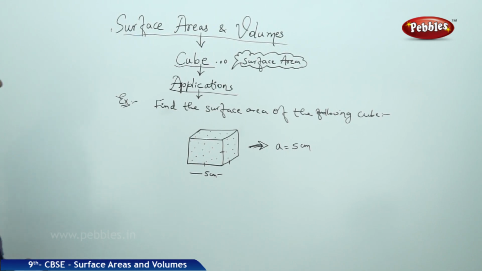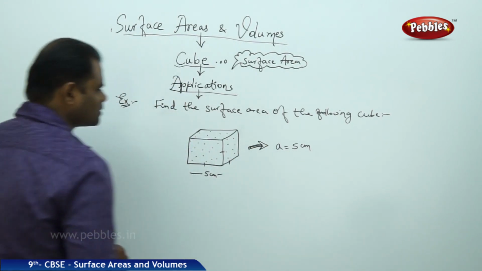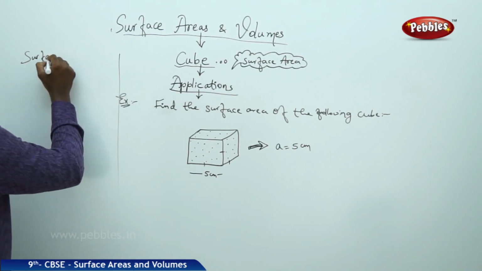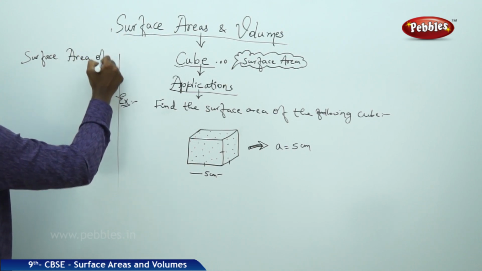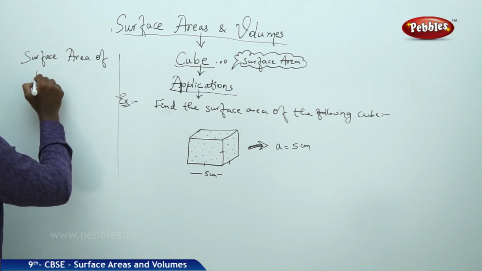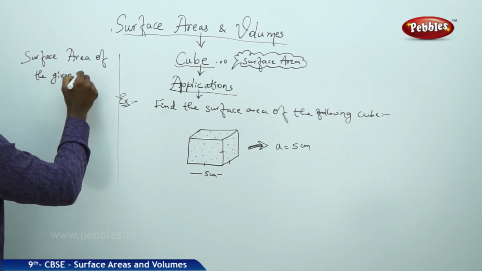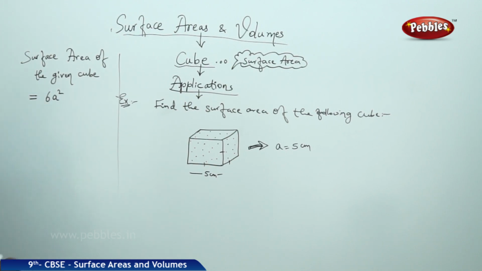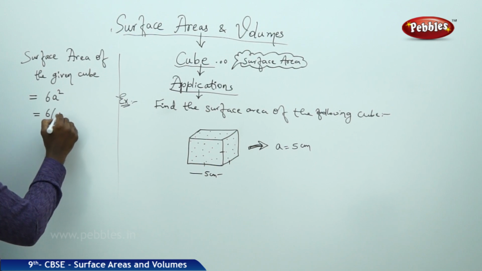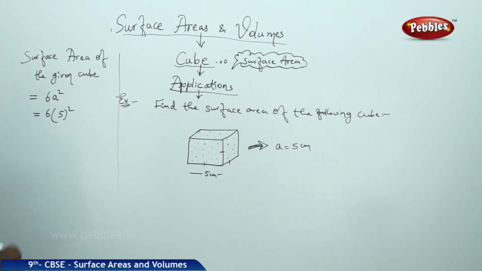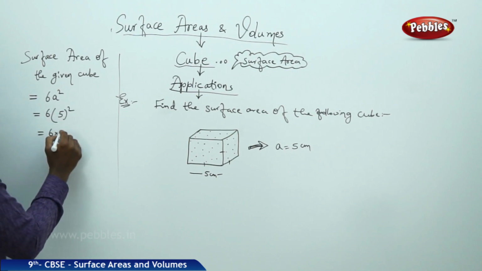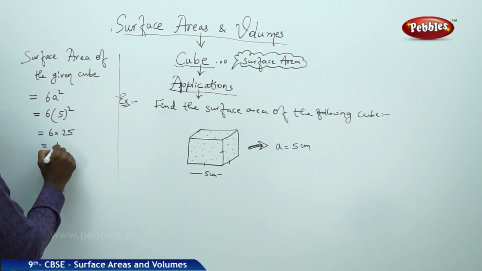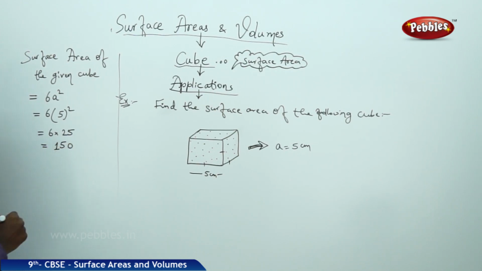So using A equals 5 centimeters, surface area of the given cube is 6a square, formula 6 times a square, which is 5 square, and 5 fives are 25, 25 sixes, which is 150.